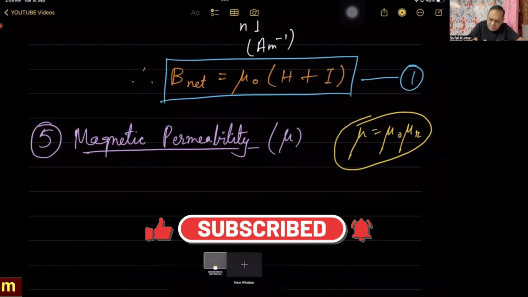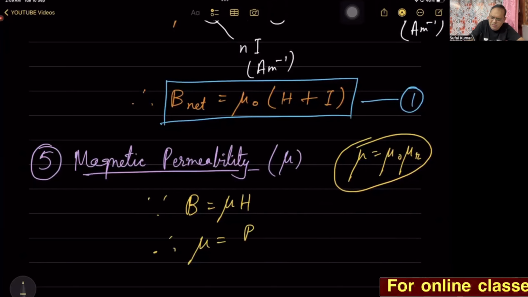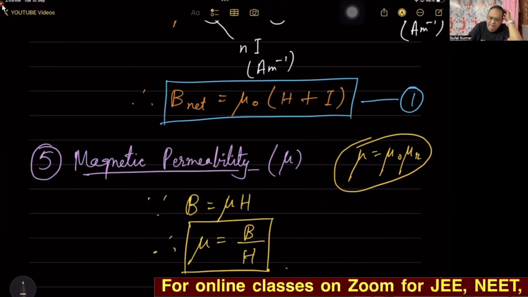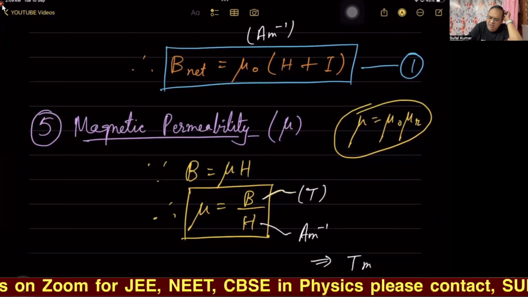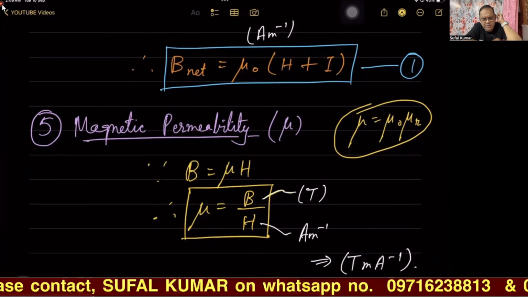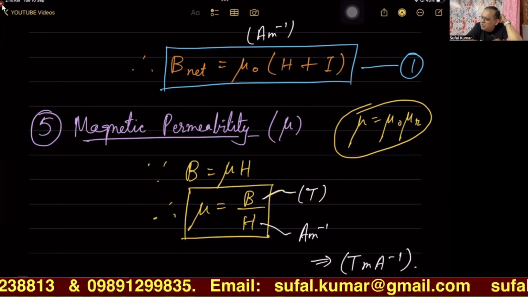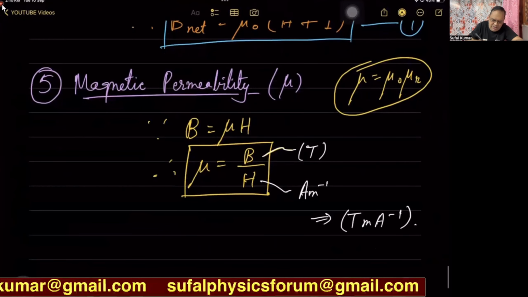Simply we should mention, since B is equal to mu H, therefore mu is B upon H. It is Tesla meter per ampere. Whatever unit mu will have, the same unit will be possessed by mu naught also. So this much is well sufficient.